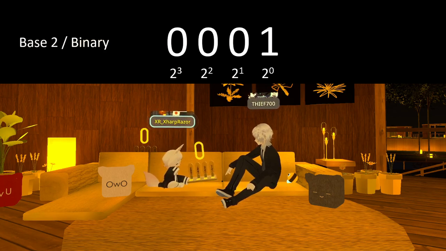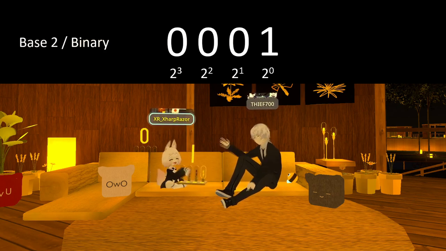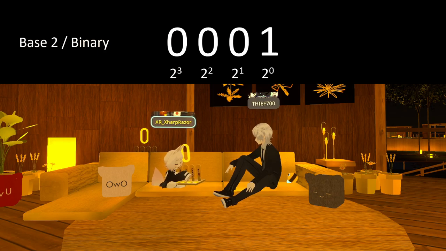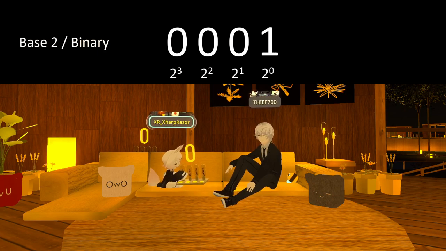And so this is why, if you take this thing, and let's say I activate the ones place, the furthest right bulb just represents 1, which is 2 to the 0. Now, if I turn that off and switch to the next place, we have 2 to the 2, which is 4.